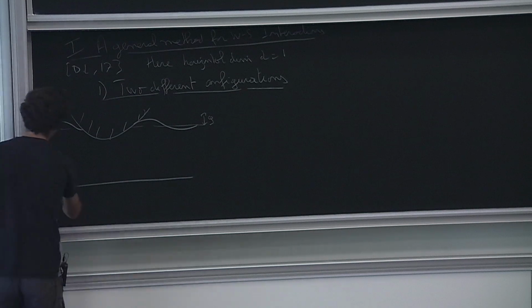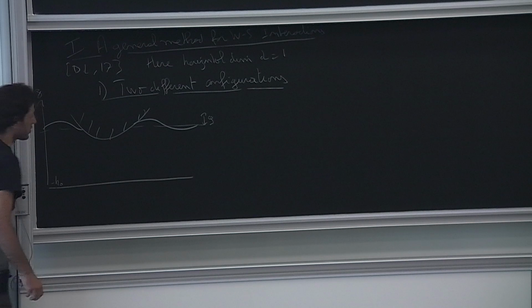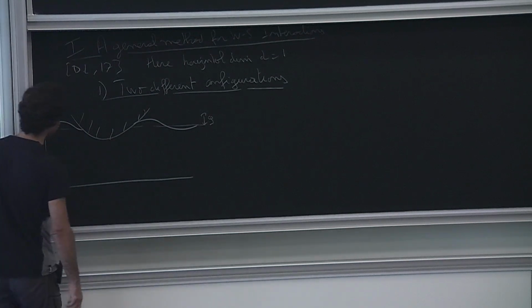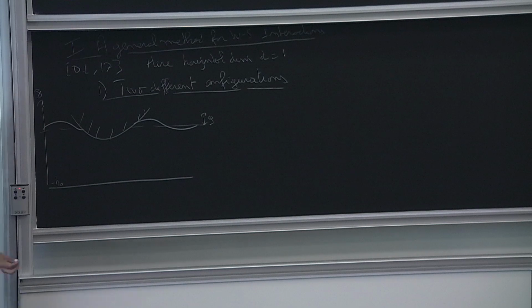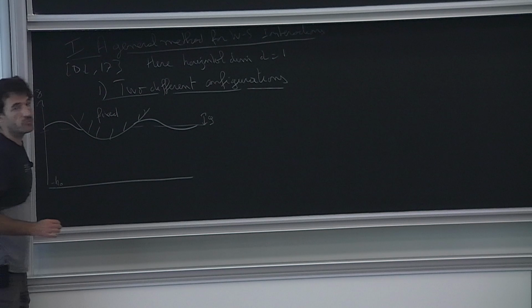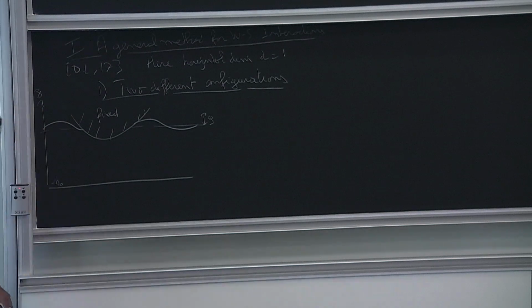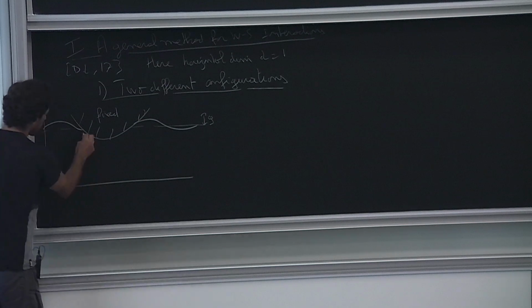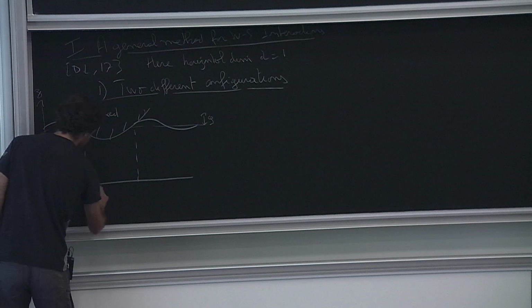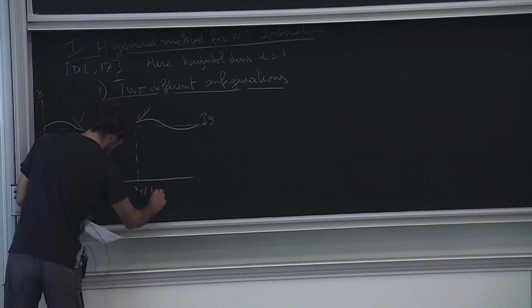I will have a depth that for simplicity, I take constant, which is minus h0. And then you see that the waves are in contact with the object. So I will assume in this configuration that the object does not move, it's fixed, it's just partially immersed. And you see that when the waves are coming, then you have 2 contact points that I will write x minus t and x plus t.